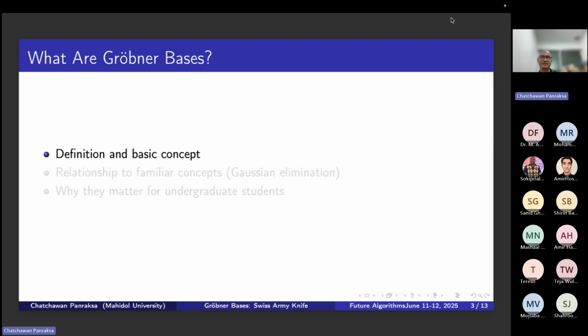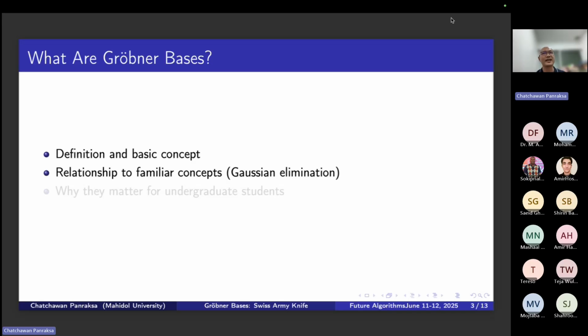Just as Gaussian elimination systematically solves linear equations by reducing them to a simple form, and we are used to Gaussian elimination for linear equations, Gröbner bases can solve a bigger set, the sets of polynomial equations, by transforming them into an equivalent but simpler system.